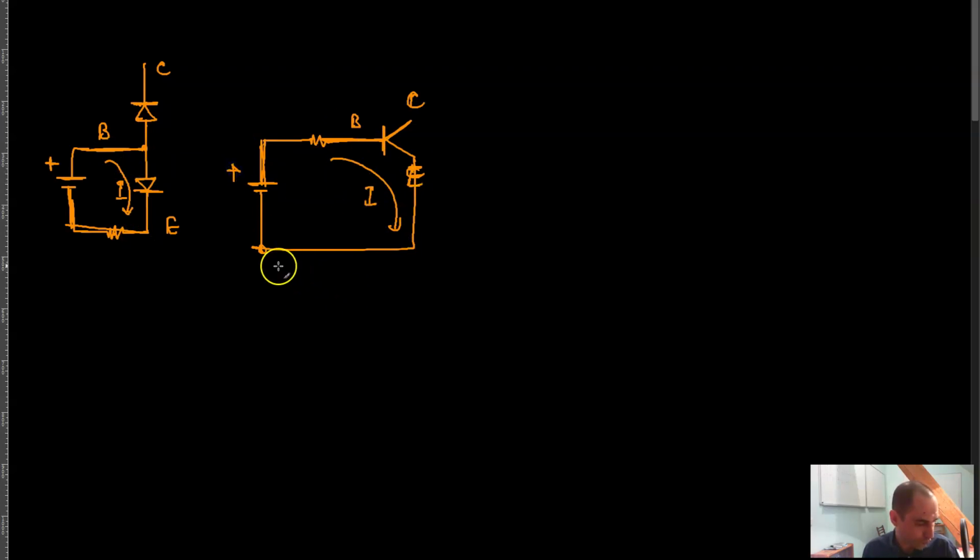And if I put this resistor over here and connect this to the power supply like this and like this, and connect the emitter over here, then this diode would be forward biased, and the current would be flowing in this circuit, meaning that the base-emitter diode would be forward biased.